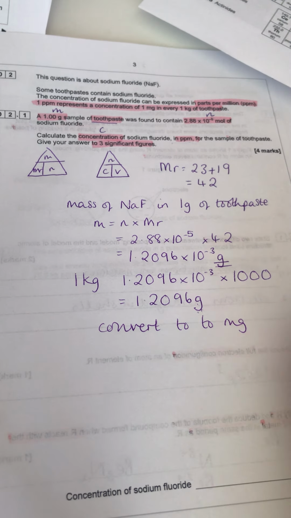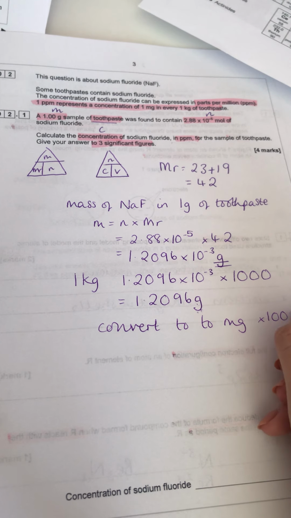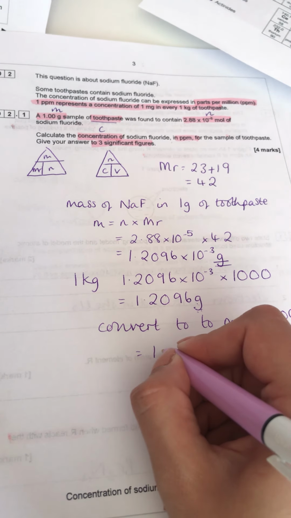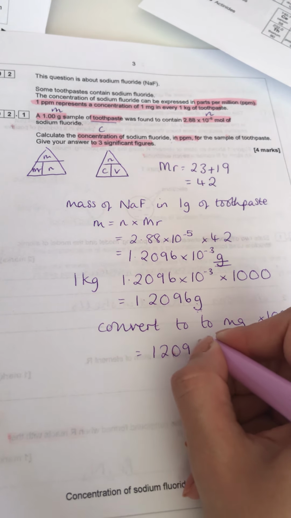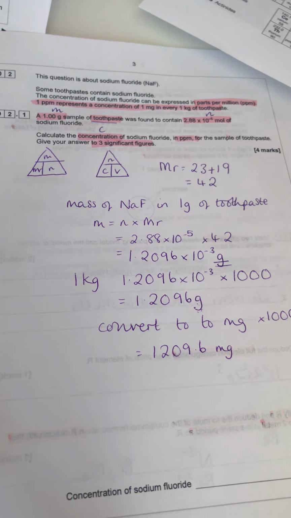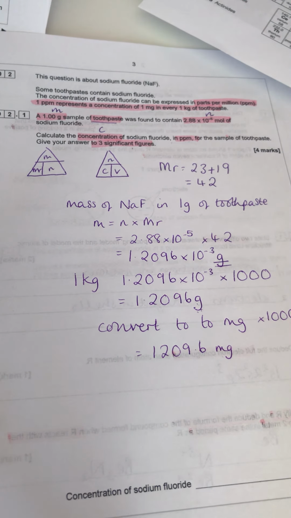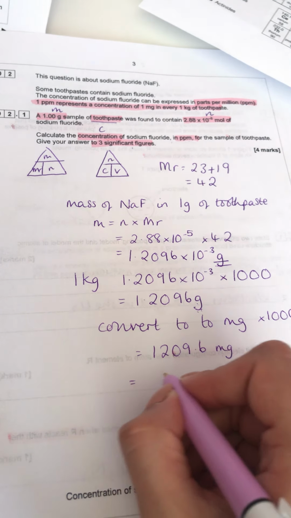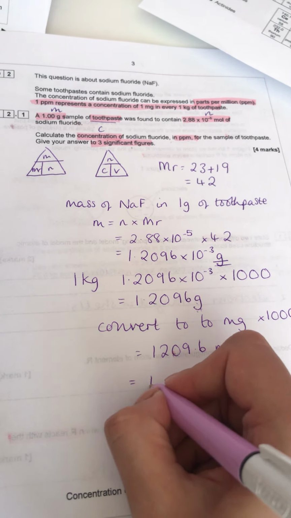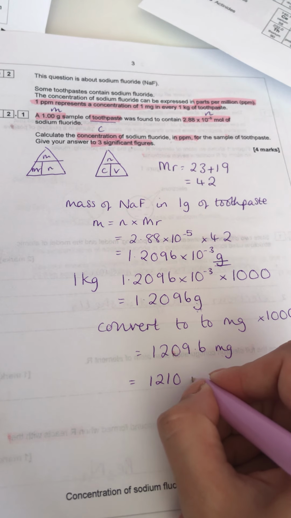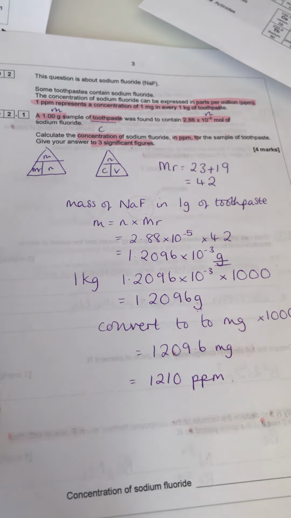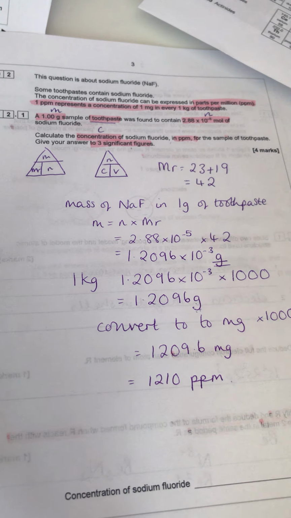And the way to do that is going to be to multiply it by 1,000, which gives me an answer of 1209.6 milligrams. Now, I want this in 3 significant figures, and also want my units as parts per million. So the final thing I'm going to do is just convert to 3 significant figures, which would be 1210 parts per million. Okay. So next question then.